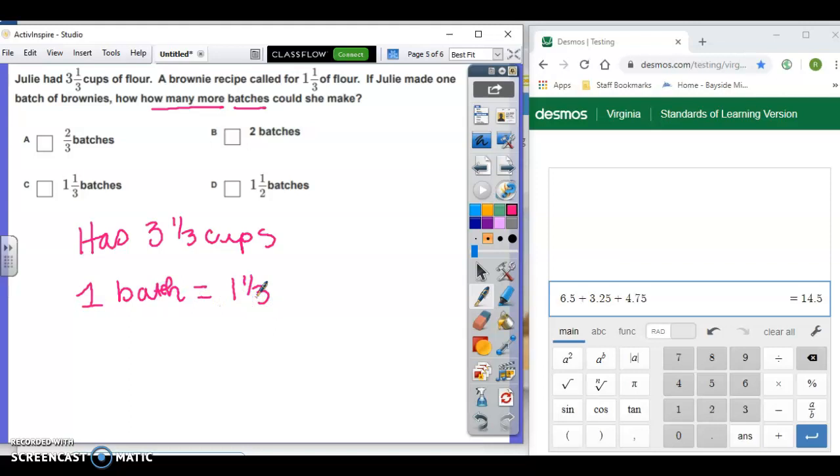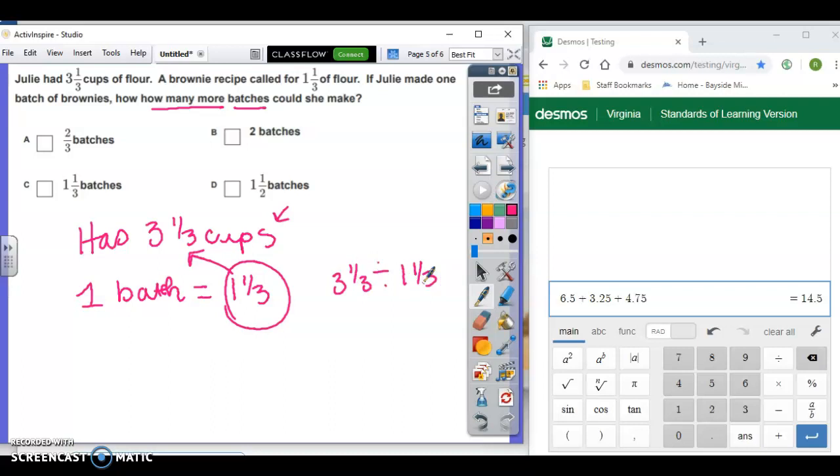So I have to figure out how much can she make based on having this much in her pantry. So what I'm going to do is figure out how many 1 1/3 are there in 3 1/3. So that means I'm going to take 3 1/3 and divide it by 1 1/3.